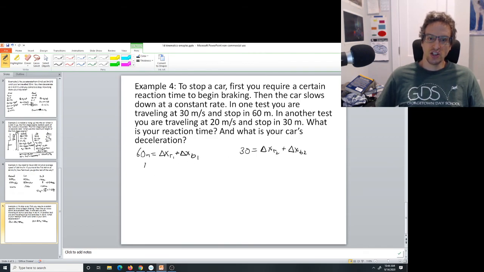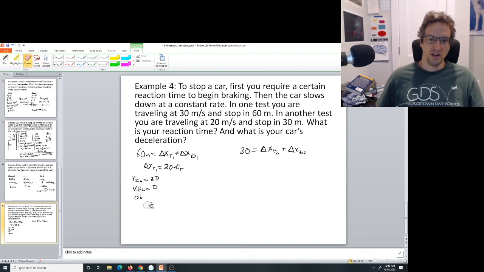But we actually know what this is. The change in x reaction time is equal to the velocity times your reaction time. And for the change in x of the braking, we know the initial velocity is 30, the final velocity is 0, and the acceleration of braking is just a variable. Sorry, we can't go directly there.